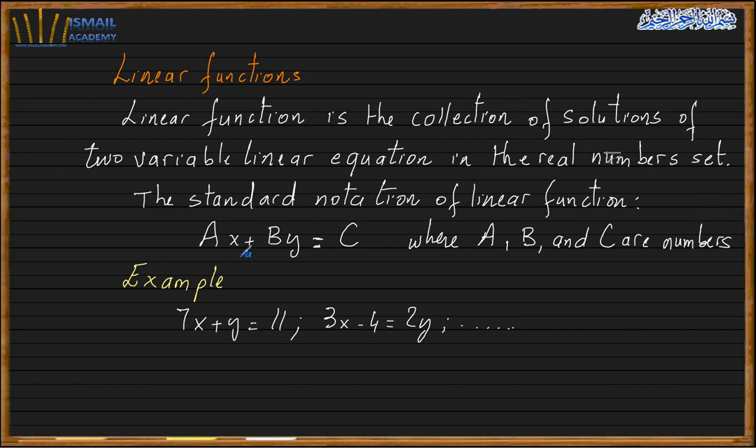So now, instead of having x, y as the variable, the x and the y will have some rule. So the x value of the function will be called the independent variable, and the y value will be called the dependent variable. So this is the property.